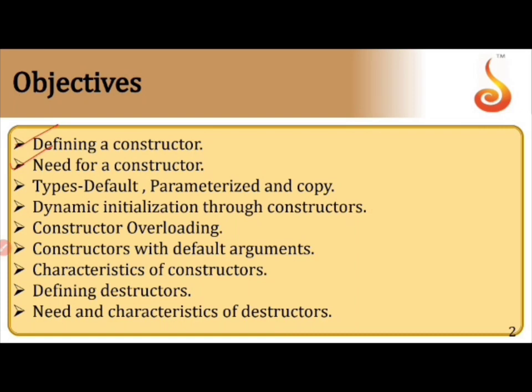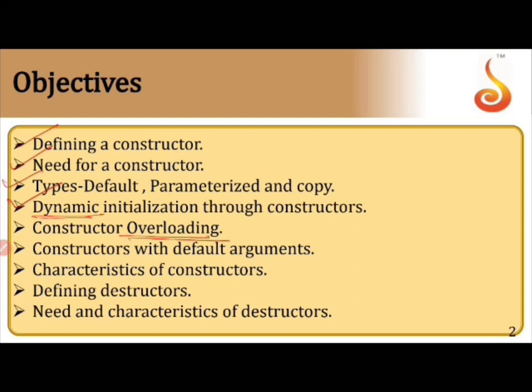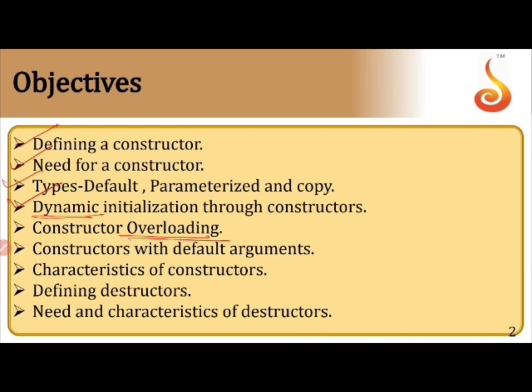We are going to use all of that in our programs, like we'll write 1 or 2 programs for each. Dynamic initialization through constructors. Dynamic is nothing but anything which happens during runtime. And then constructor overloading. So we have done function overloading. In this chapter, we'll do constructor overloading.